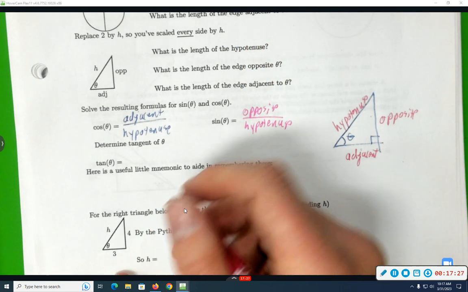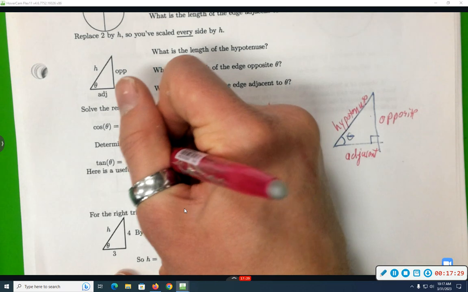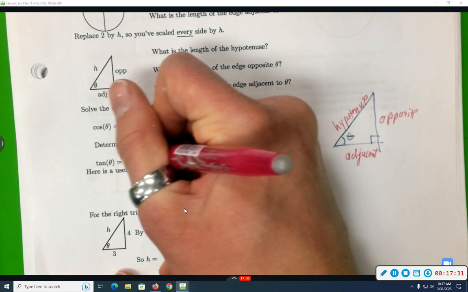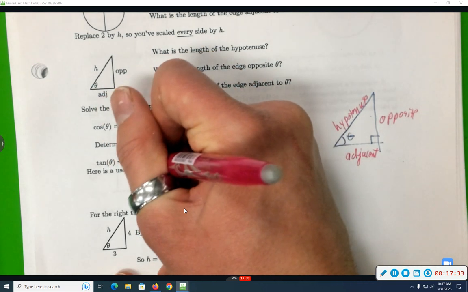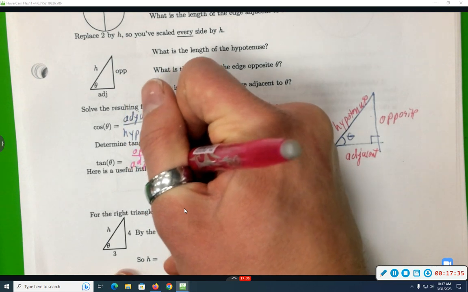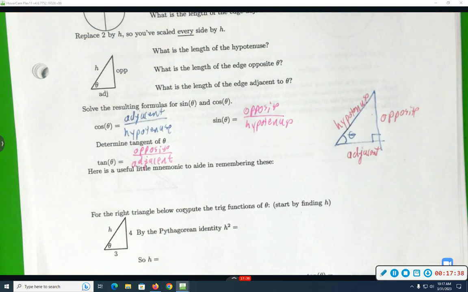And tangent of theta recovers opposite over adjacent. Before we explain where these facts come from, let's just write down the mnemonic that maybe some of you already remember. If you want to remember these three equations, one way to do it is just remembering the, say it louder though.